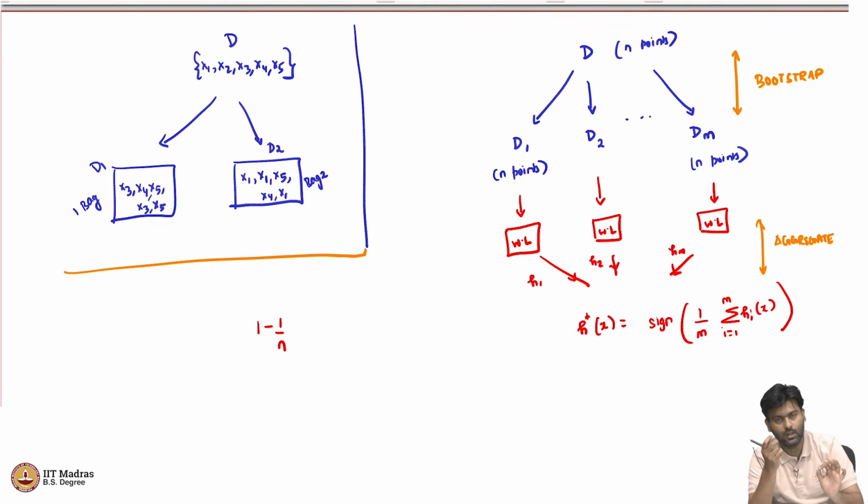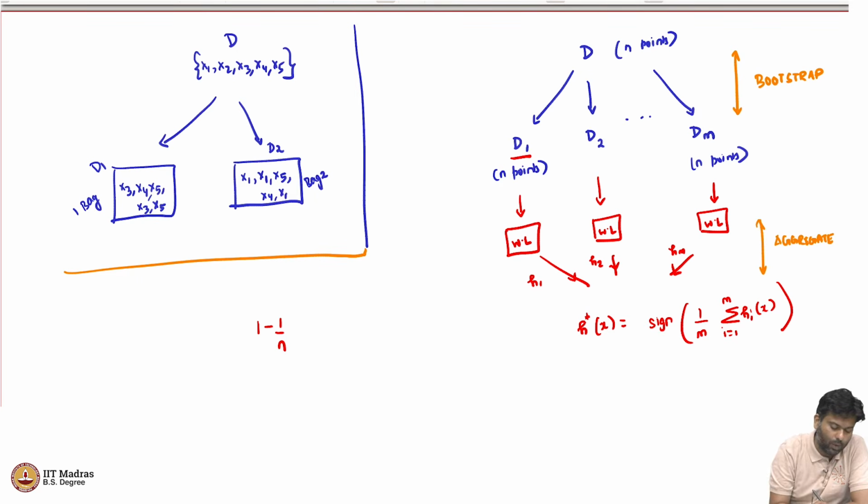But now if I am asking for the probability that a point does not appear in the bag, well, that's going to be 1 minus 1 over n. Now, if a point does not appear in the bag at all, it misses not just the first time I am picking it, it misses it every time. And then I am picking n such points, and every time I miss a particular point, what is the probability of that?